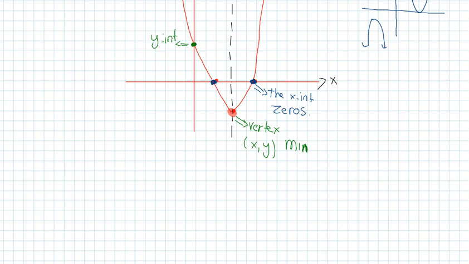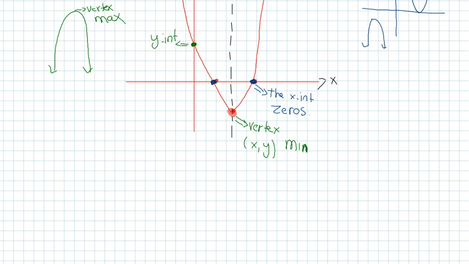You can see that right there. In the cases that your graph is opening down, your vertex is going to be a max. Are we okay with this so far?